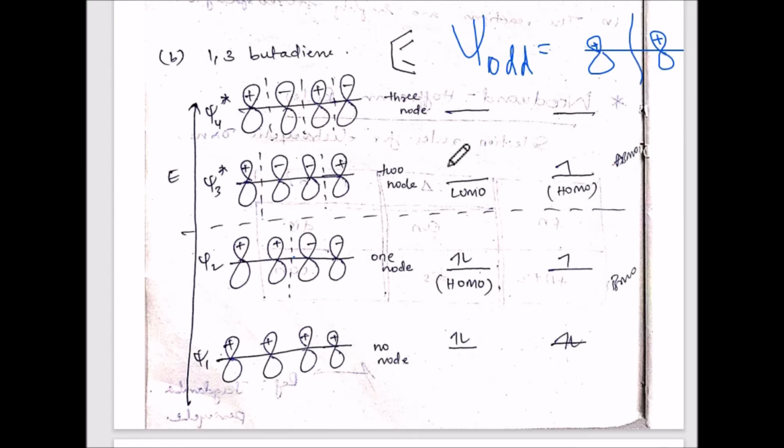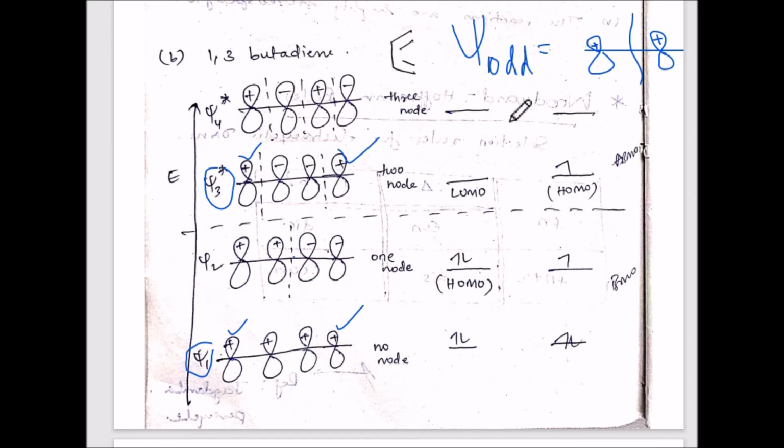I think you can get it, right? So if your psi is odd, in the terminal lobes you put plus sign. See here, psi1 is odd, and in the terminal lobes I put plus sign. And psi3 is odd, so in the terminal lobes I put plus sign. This will help you identify the nodes and put the signs properly.